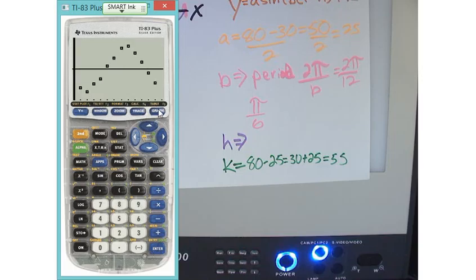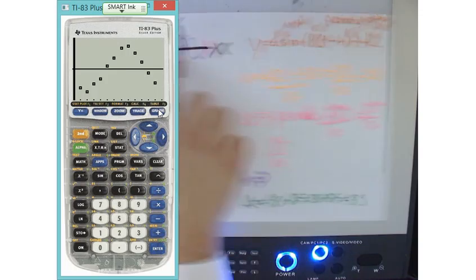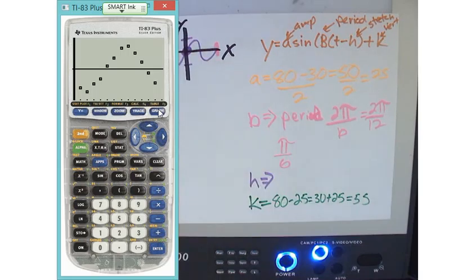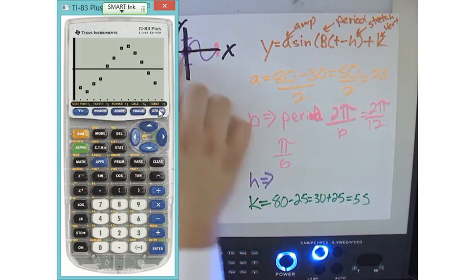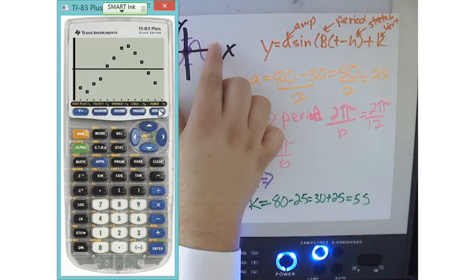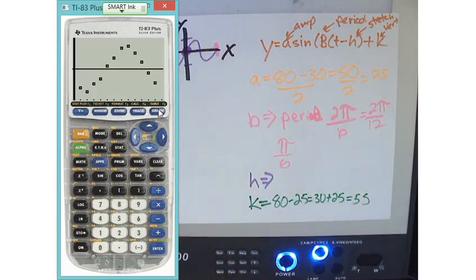Now, h is where the cycle begins, based on what the original sine function looks like. In other words, we're going to slide this graph over so many spaces. So now let's look at the graph again. Where would this begin, if you had to guess? About 5.